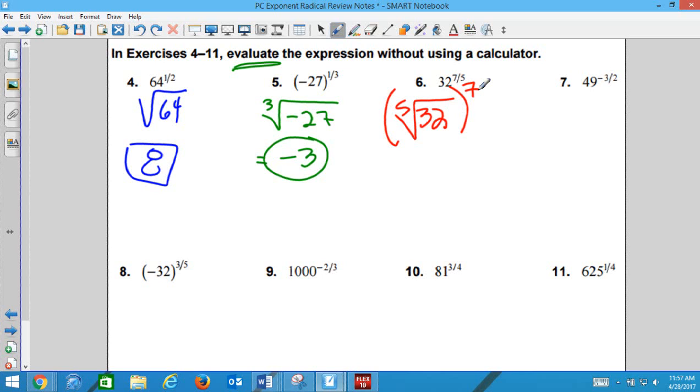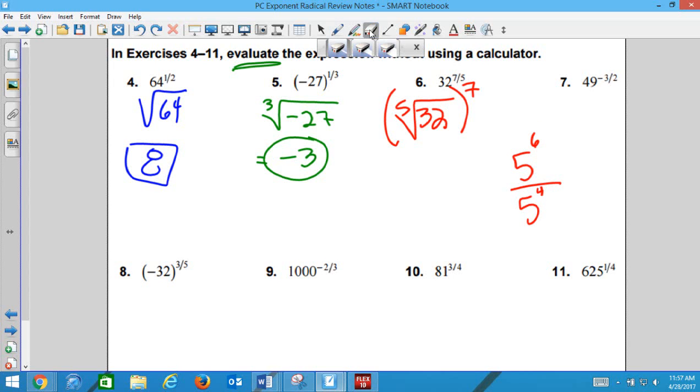What's the 5th root of 32? Cancel the 5 and then just do 32 squared. Like subtract the 2. No. That we are going to do today, but that's when you have bases that are the same and they both have exponents.